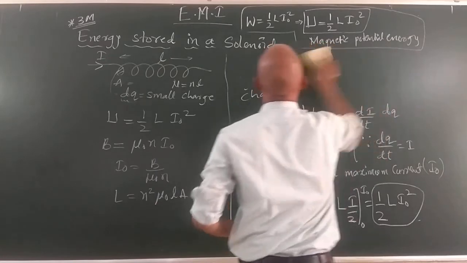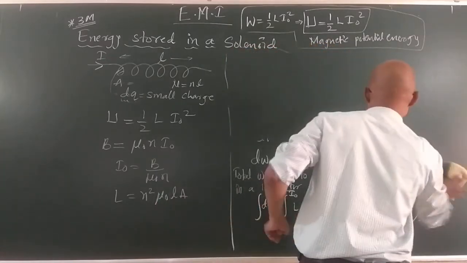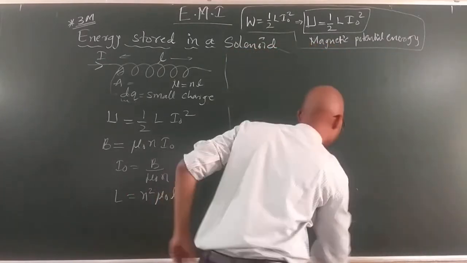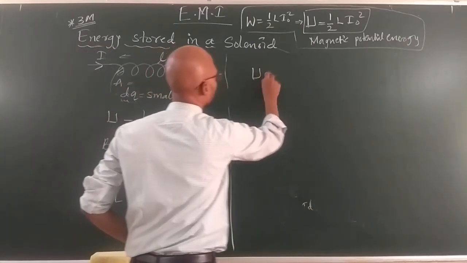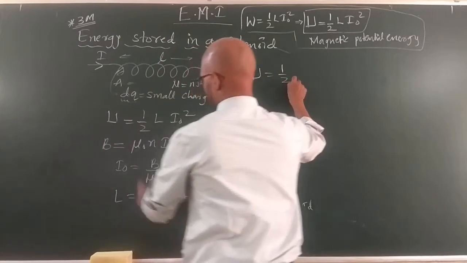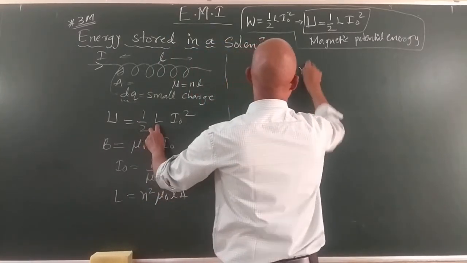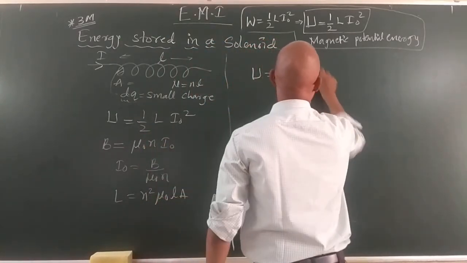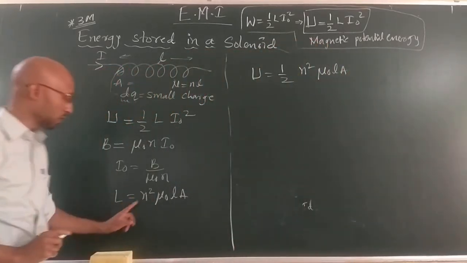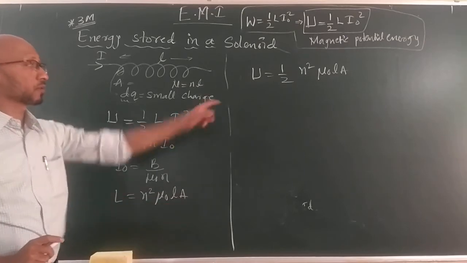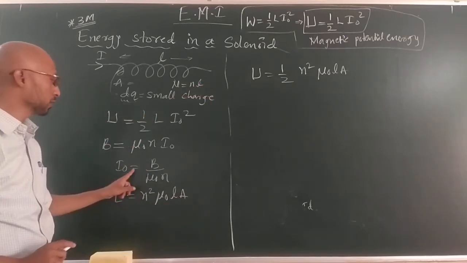Now let us substitute and derive the expression. Energy stored is half L I naught squared. What is the L value? L is mu naught N squared l A. Now substitute the current value.